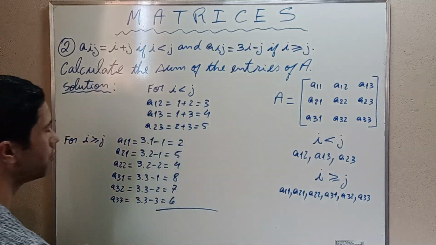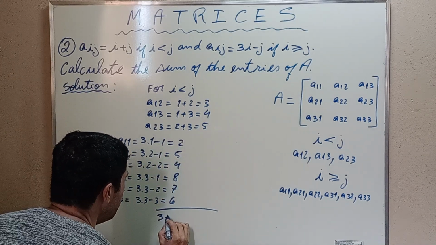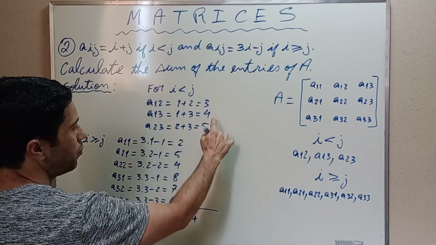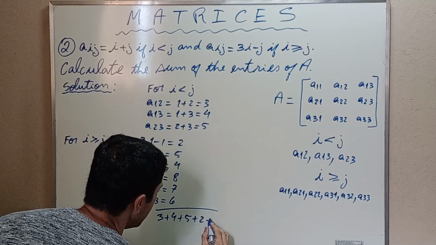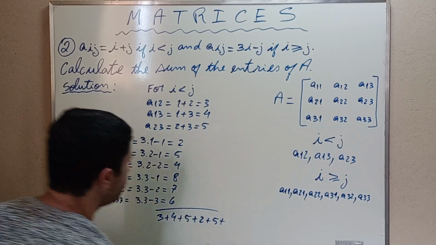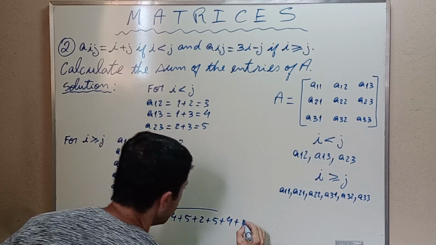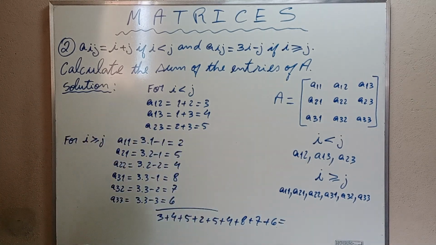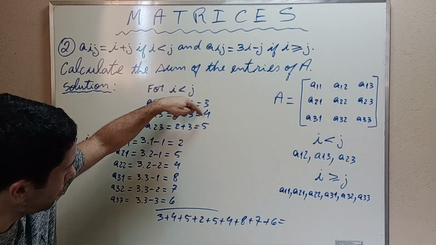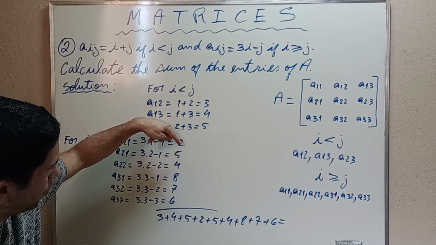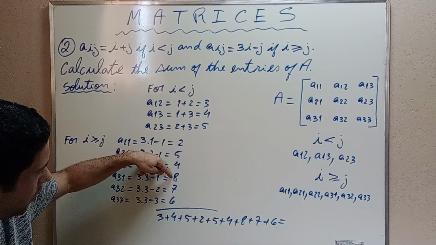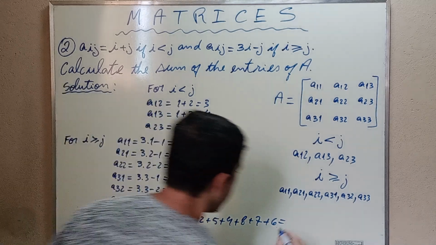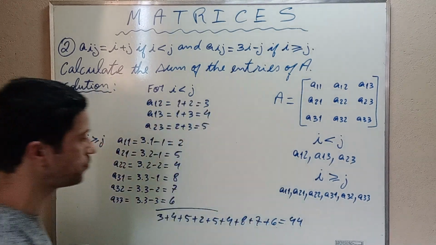It will be 3 plus 4 plus 5 plus 2 plus 5 plus 4 plus 8 plus 7 plus 6, and this sum is equal to 44.